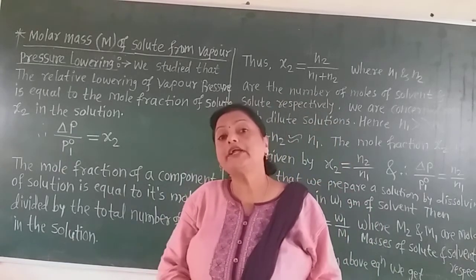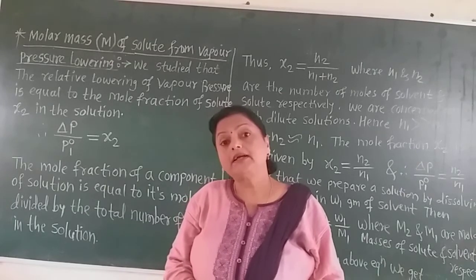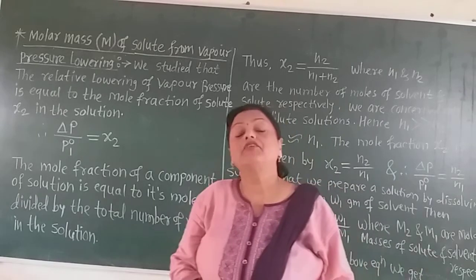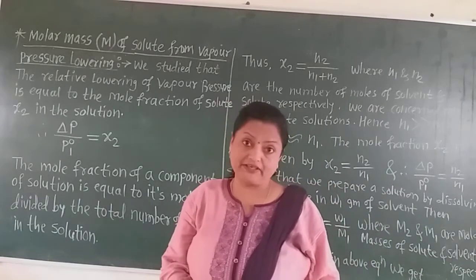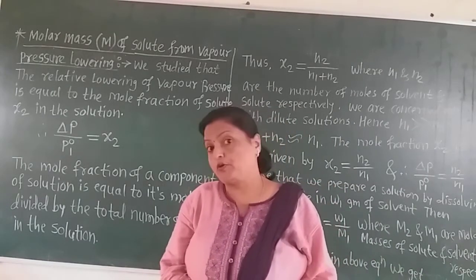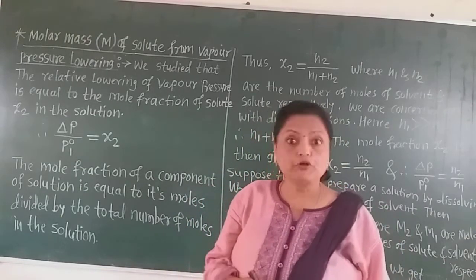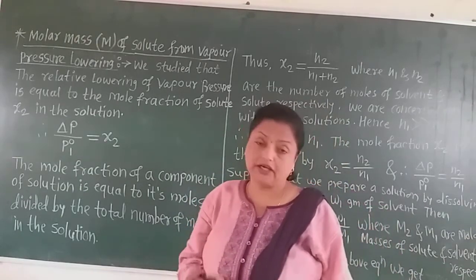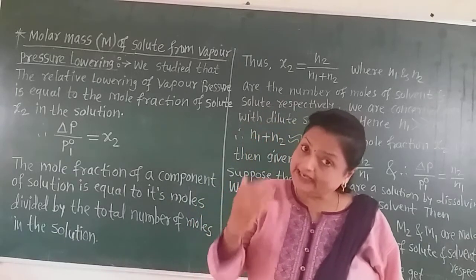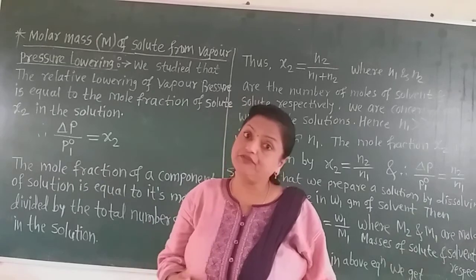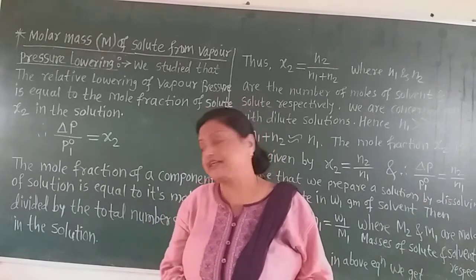The relative lowering of vapor pressure is the lowering of vapor pressure divided by the vapor pressure of the pure solvent. And that relative lowering of vapor pressure is also a colligative property, that we also proved in the last lecture.